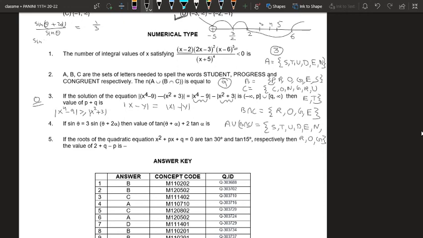Sine theta plus 2 alpha minus sine theta, divided by plus this, that is 3 minus 1 divided by 3 plus 1. 2 by 4, 1 by 2.